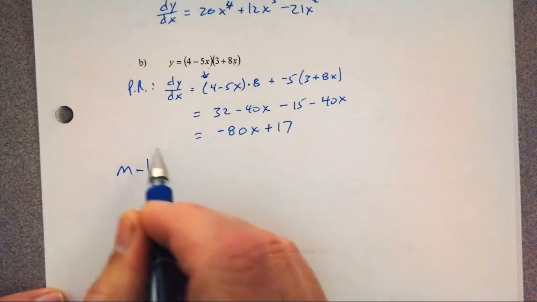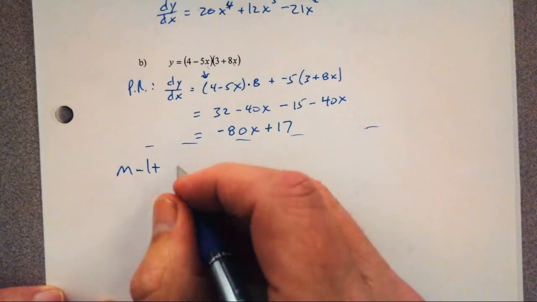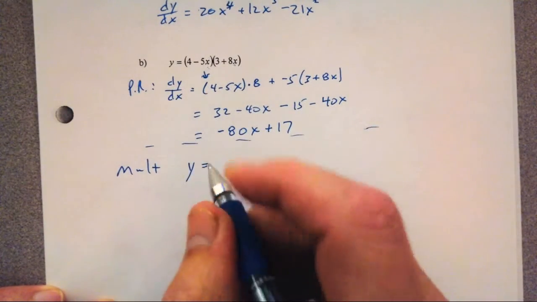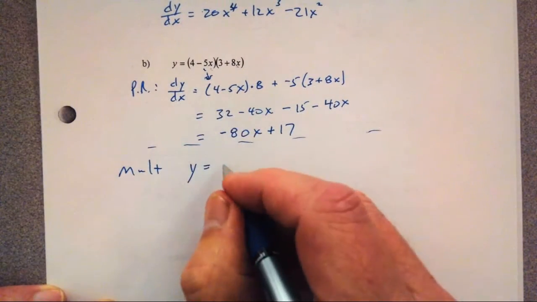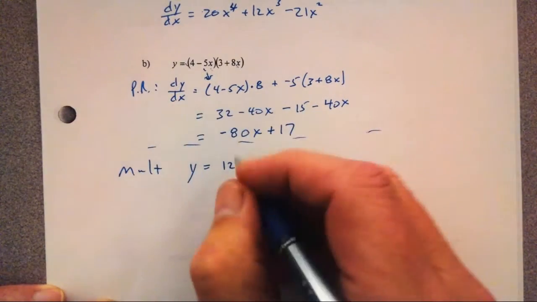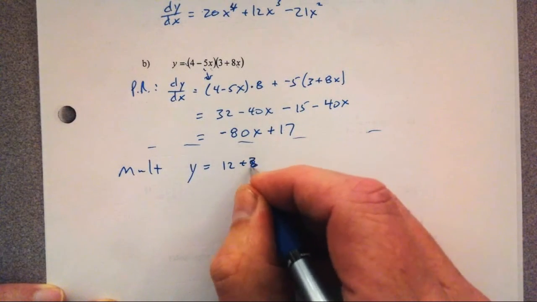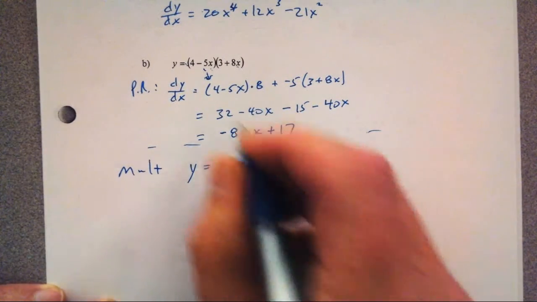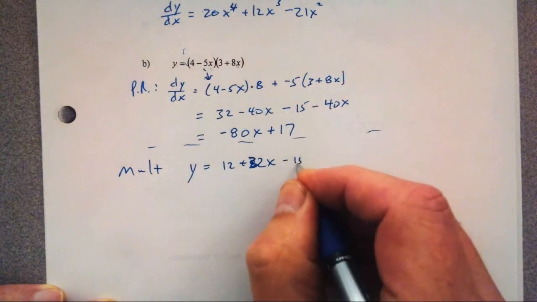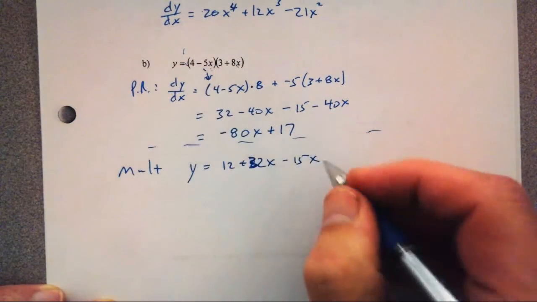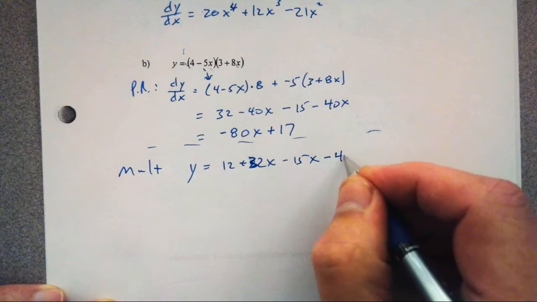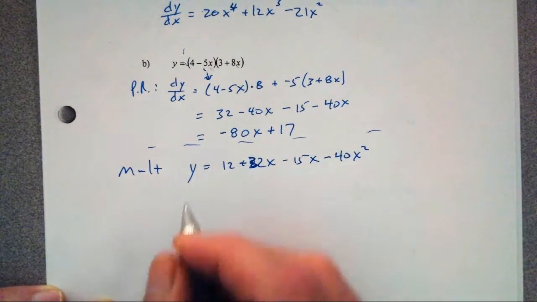All right, let's multiply. Multiply these first. So this is still just y. I'm foiling. I get a 12. I get plus, whoops, 32x, sorry, plus 32x with my outside product. I get minus 15x with my inside product, and I get minus 40x squared.